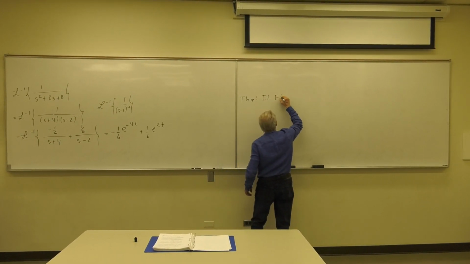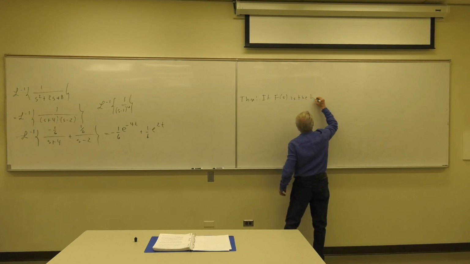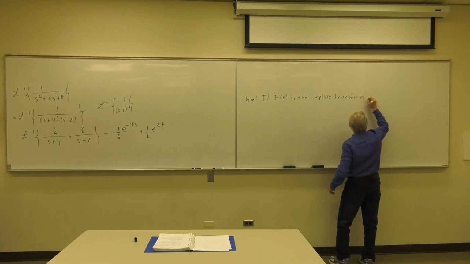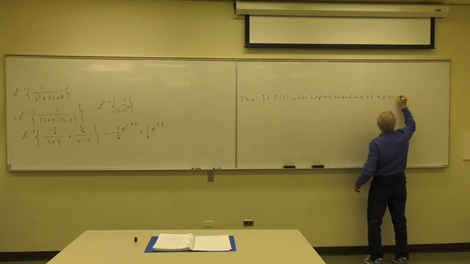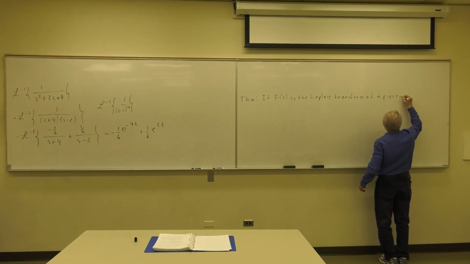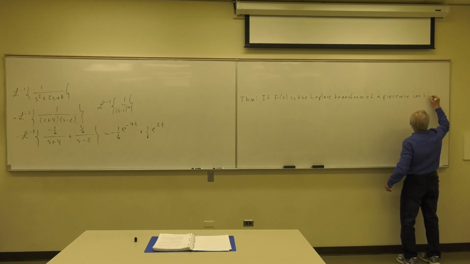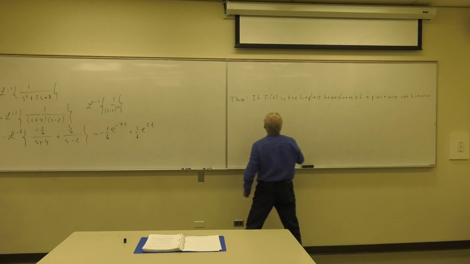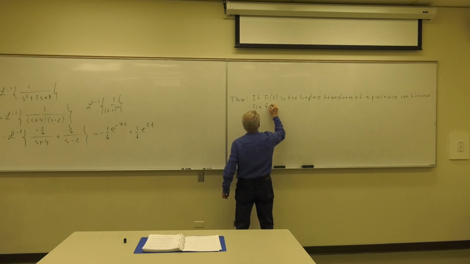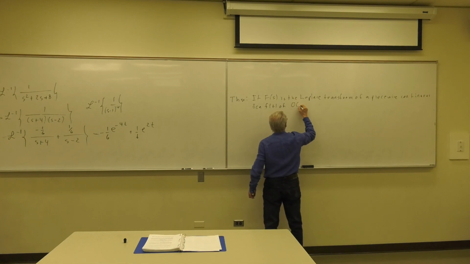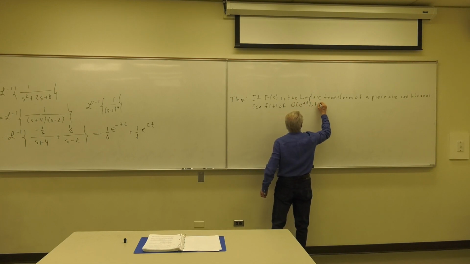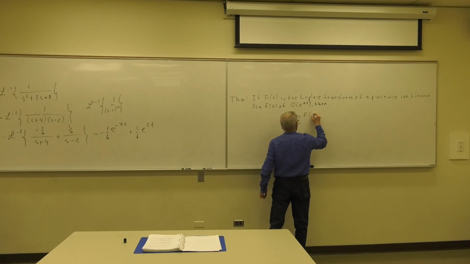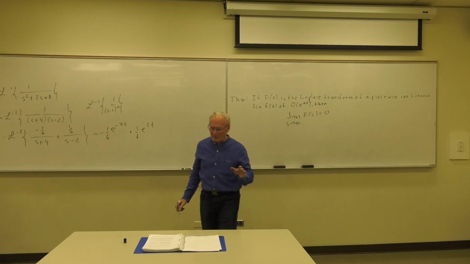If F of s is the Laplace transform of a piecewise continuous function f of t of exponential order e to the alpha t, then the following is true: the limit as s goes to infinity of F of s must be 0. And I leave you to read the proof of it.